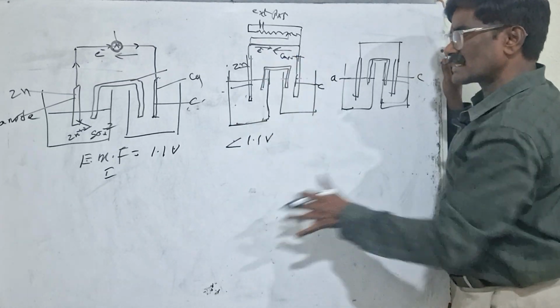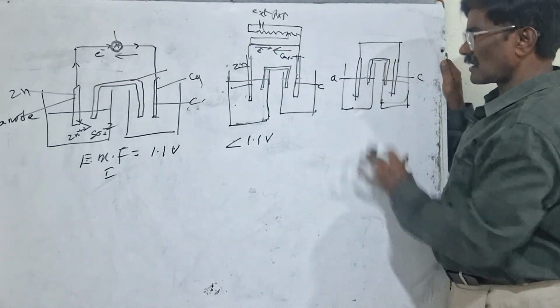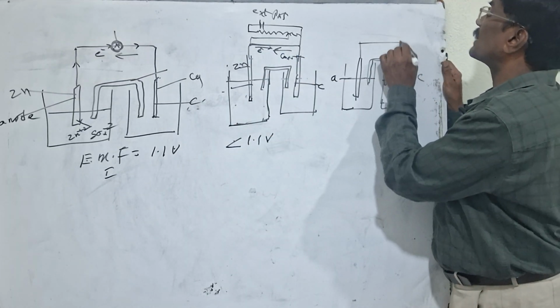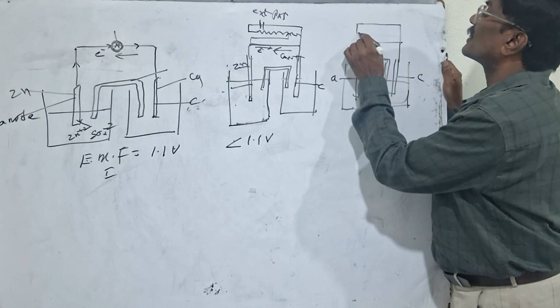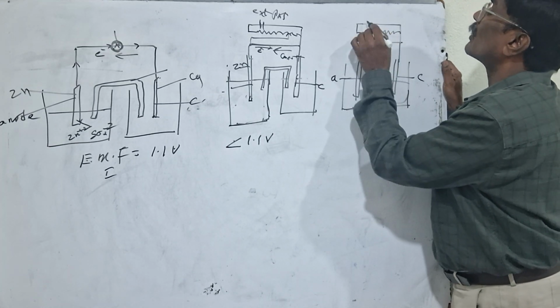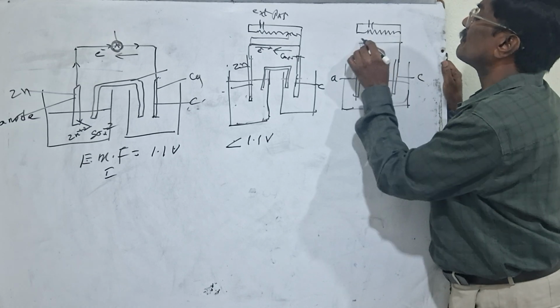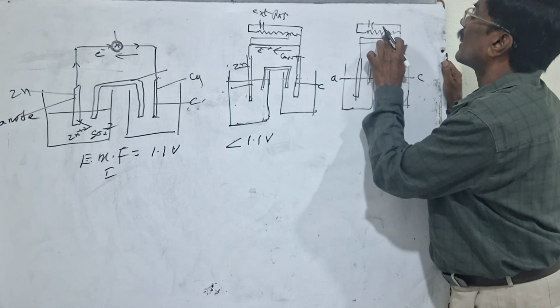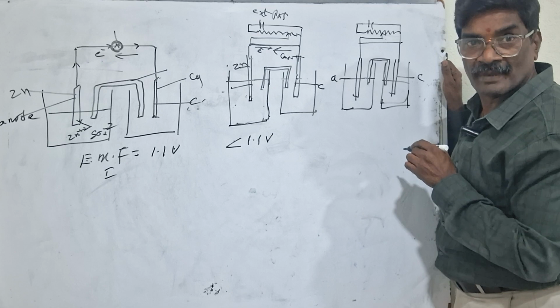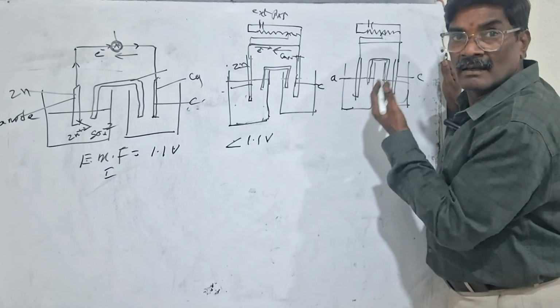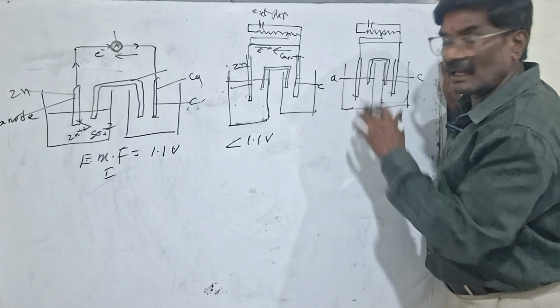It continues the same in the second diagram also. In the third diagram, what change am I going to bring? Again this is an external voltage, and I changed the rheostat position, increasing the current or decreasing the resistance.